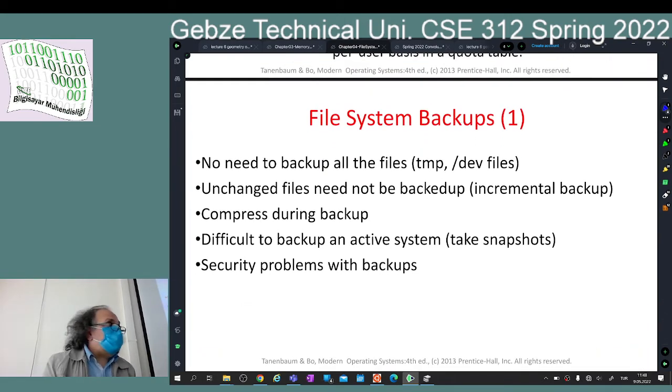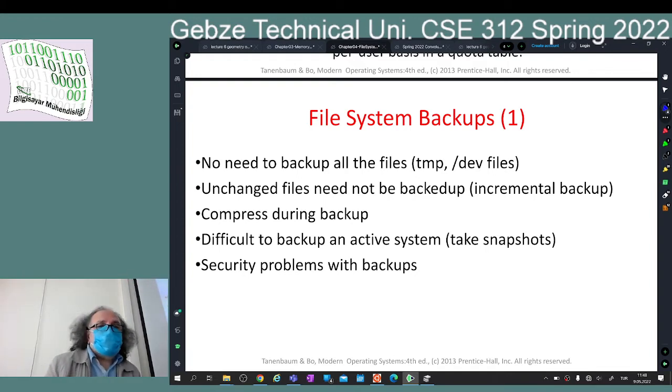Okay, another issue is the backups. Again, the data that you keep on your secondary storage is supposed to last long. You are not supposed to lose it after each power up, power down, right? So that data is valuable. You need to keep it stable.